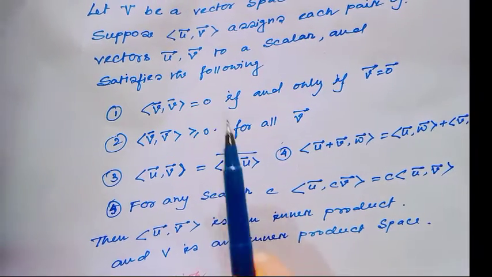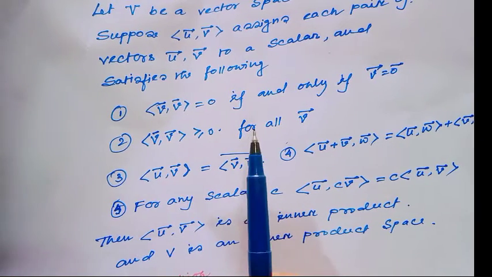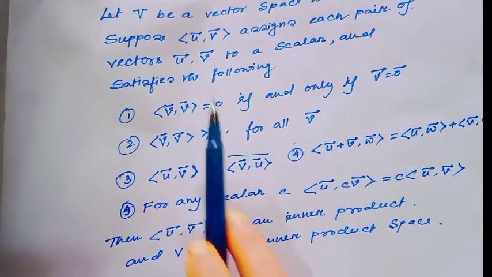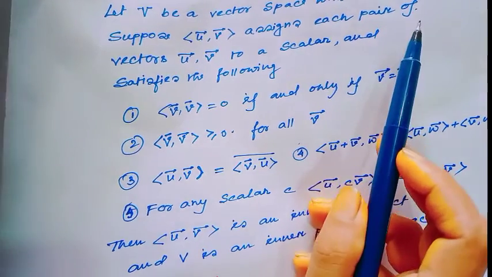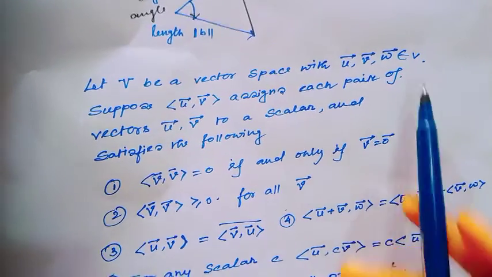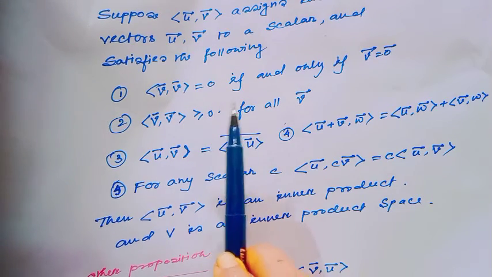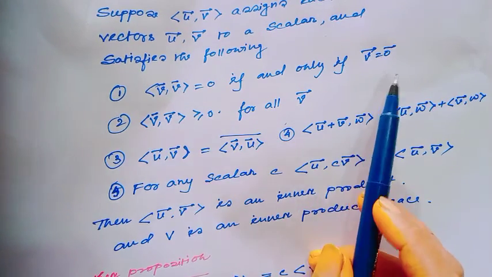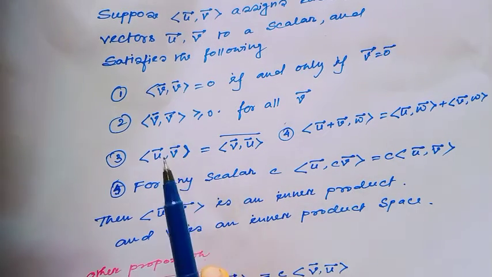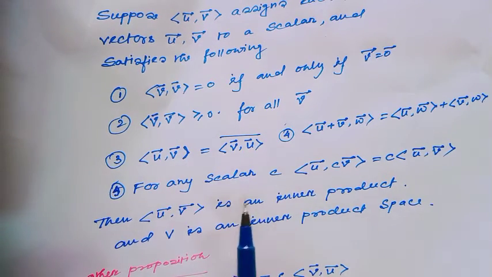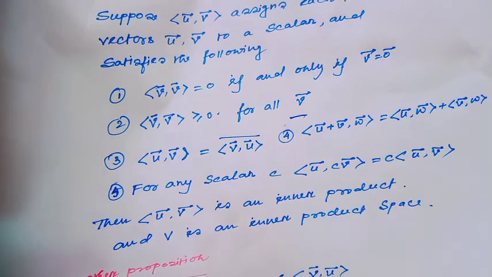These properties I have seen in my earlier video. For u, v, w three vectors in a vector space, the inner product of v with itself is equal to 0 if and only if the vector is equal to 0. Second, the inner product of v with itself is always greater than or equal to 0 for all v.